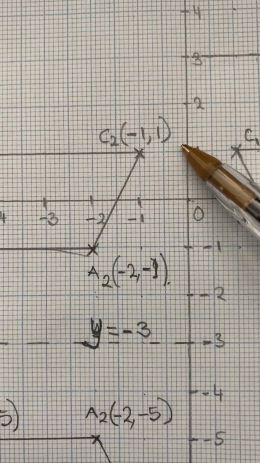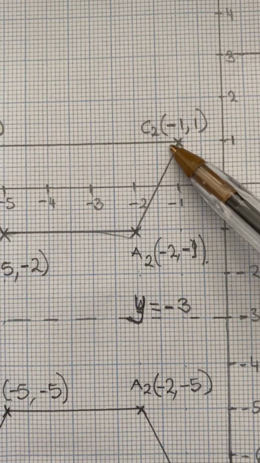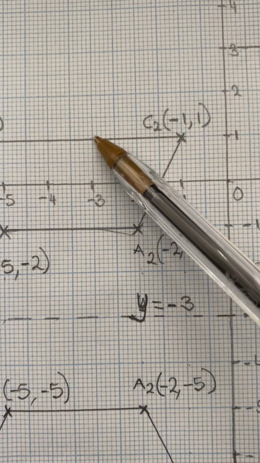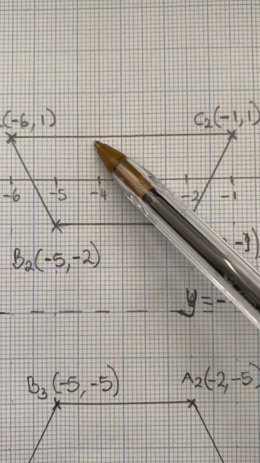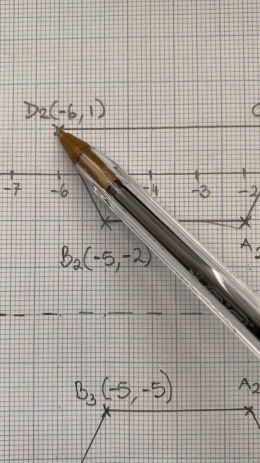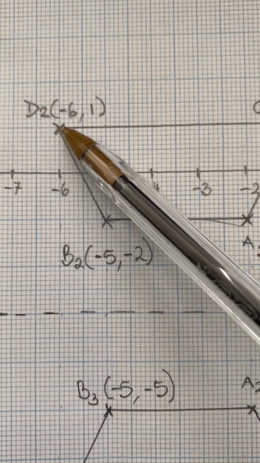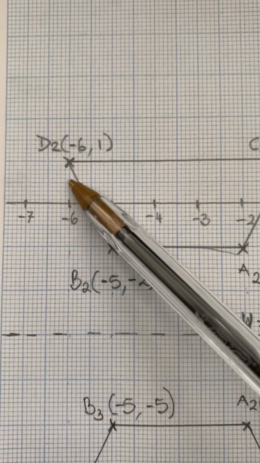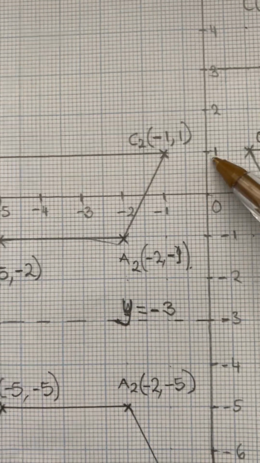Okay, so 1, 2, 3, 4, 5, 6. So that will be our D2. Now D2, what are the coordinates? Minus 6 and 1.